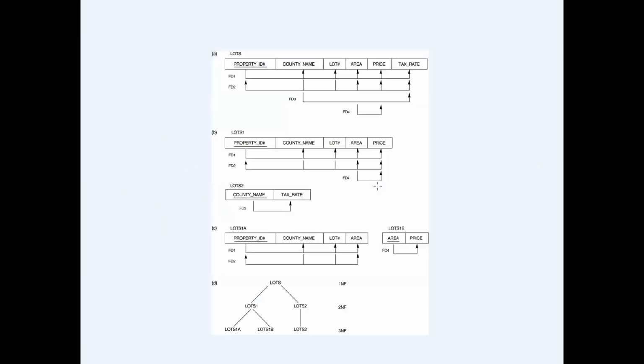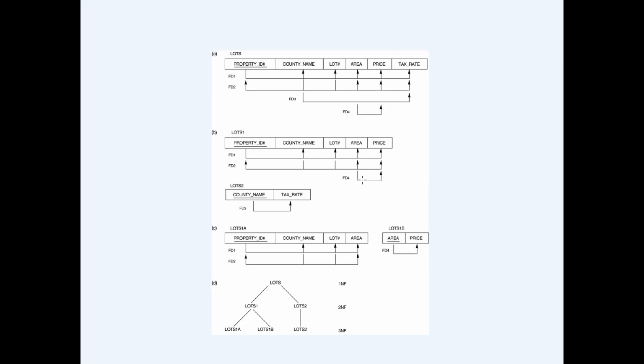So if I go back to this one, you can see there are some situations, for example this one, which is what we call transitive dependency. Transitive dependency means we can have price, the area, and we can define the price through the area.